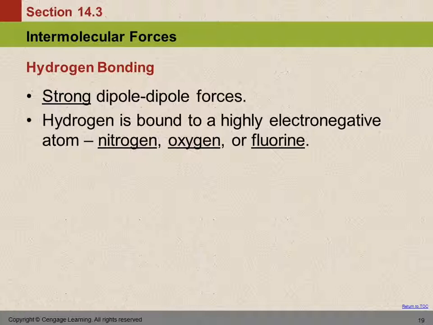We have hydrogen bonding when we have hydrogen that is attached to one of the highly electronegative atoms: nitrogen, oxygen, or fluorine. And so one way to remember this is, did you ever see E.T.? E.T. phone home, right?